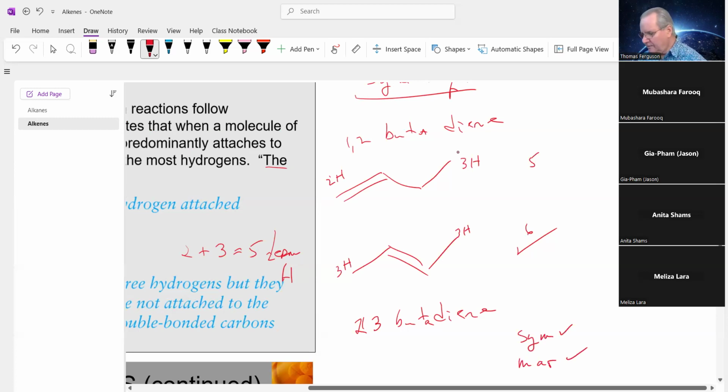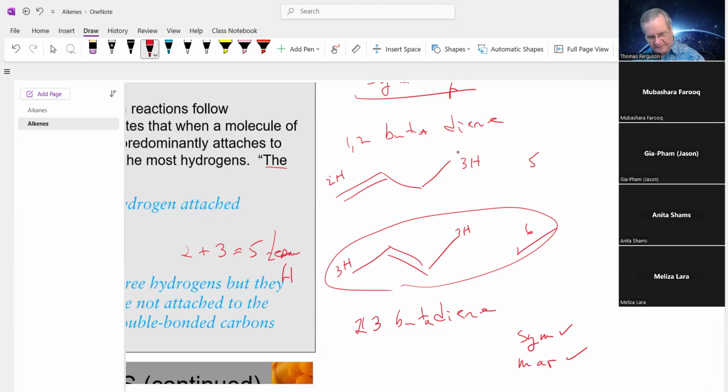So the bottom one, the 2,3-butadiene, is definitely going to be more stable than the 1,2-butadiene. Hence, this is the one you're going to circle. And sometimes they'll ask you why, sometimes they don't. But the main thing is, whenever there's a mixture, circle the one that is most stable.